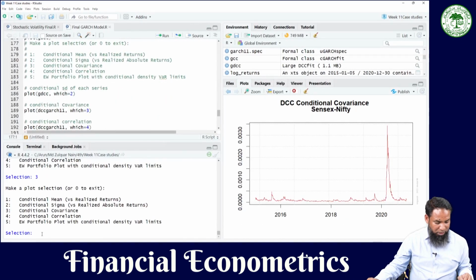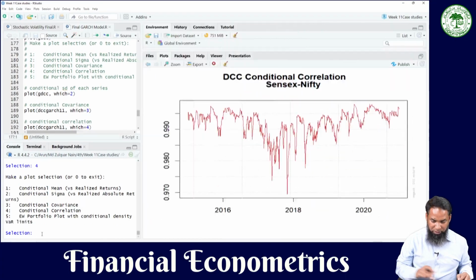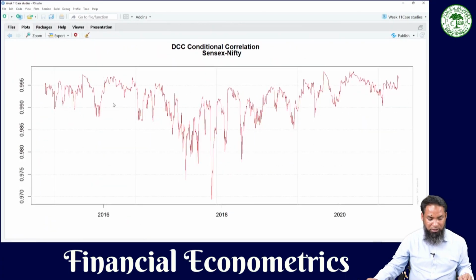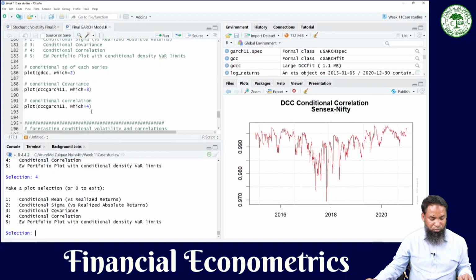Now lastly, the conditional correlation. Again, it is quite able to capture, and we can observe it always remains at 1 or below that. So that means there is quite strong movement between these two indices.